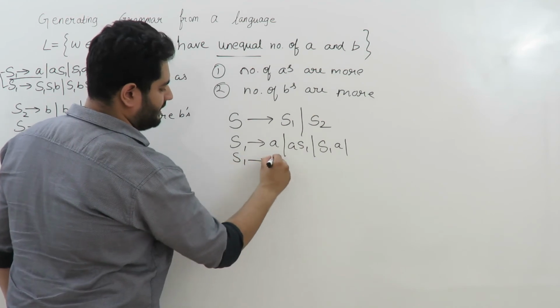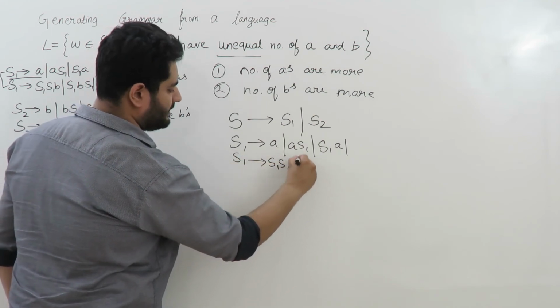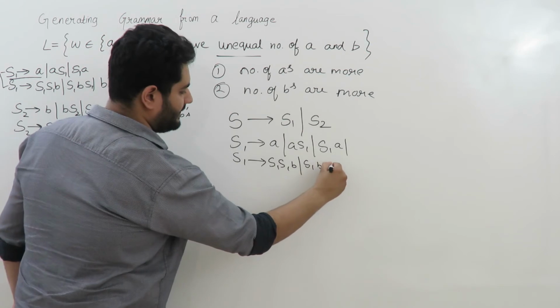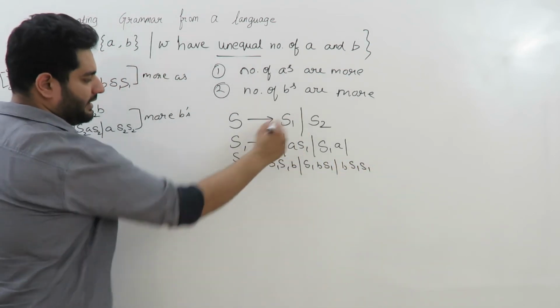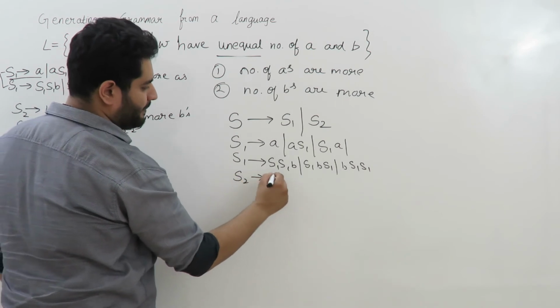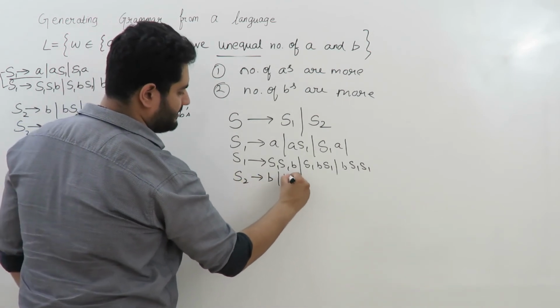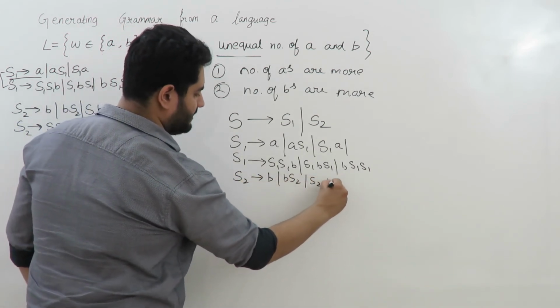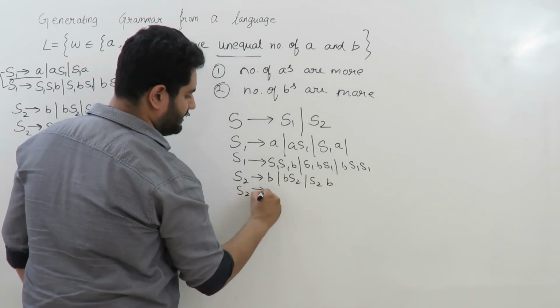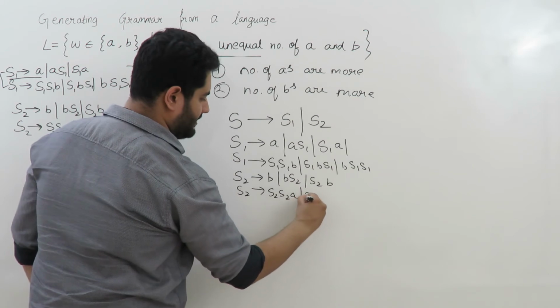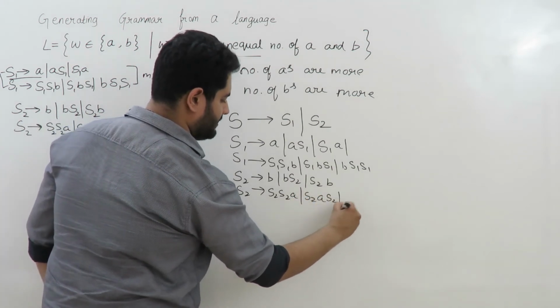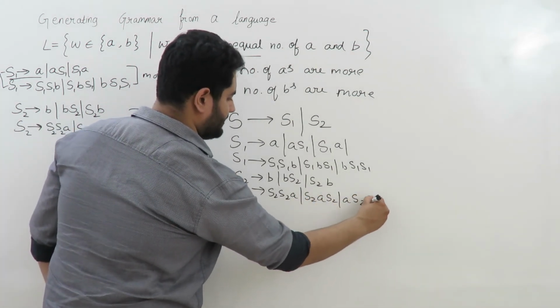S1 derives A, AS1, S1A, S1 S1 B, S1 B S1, B S1 S1, and S2 has productions like B, BS2, S2B, or S2 derives S2 S2 A, S2 A S2, A S2 S2.